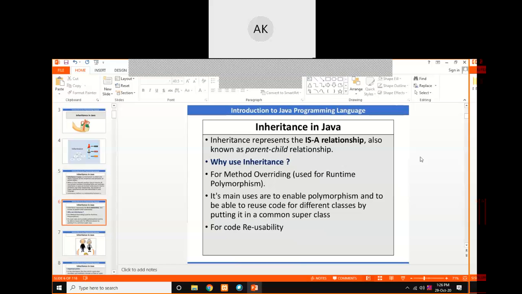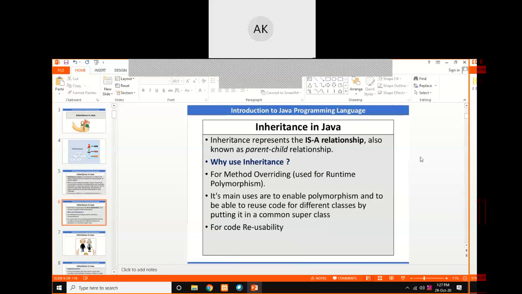And when I'm talking about object oriented programming language, inheritance is one of the powerful features of object oriented programming language, right? So when to use inheritance? Whenever we want to achieve method overriding. Overloading and overriding are different terms, right?